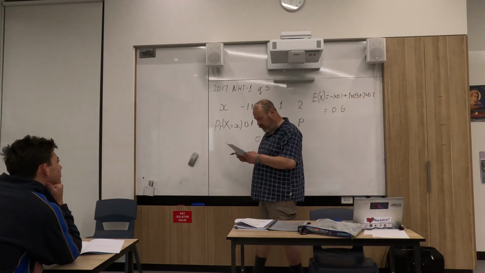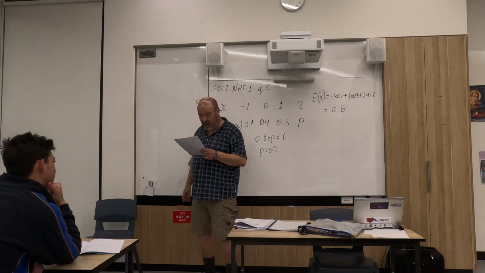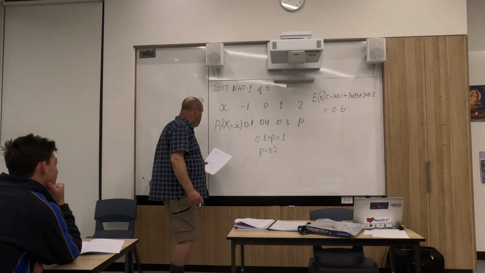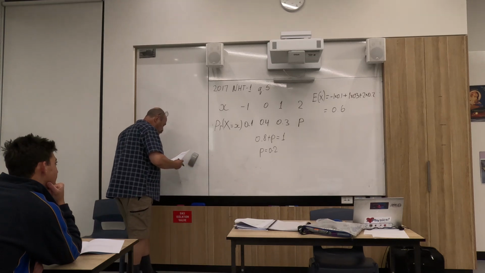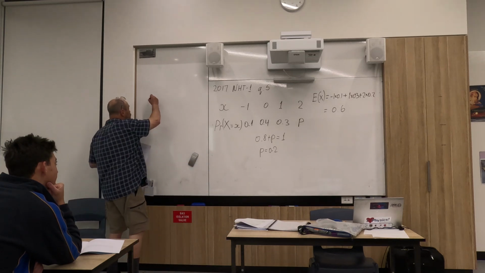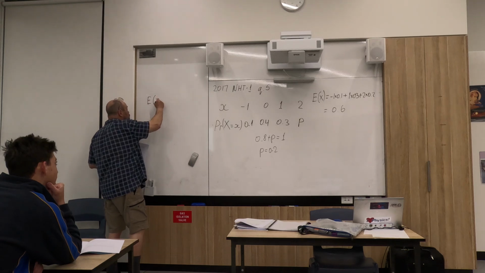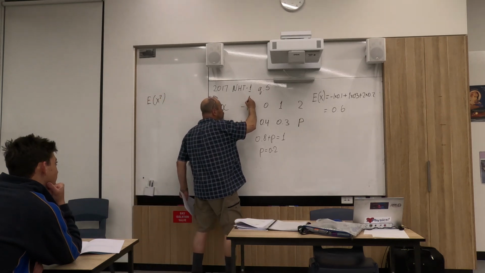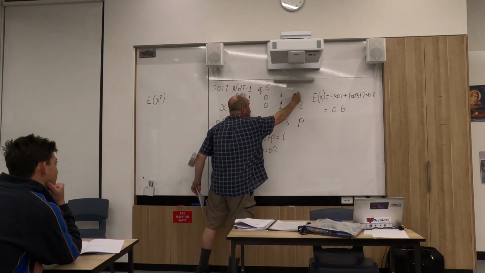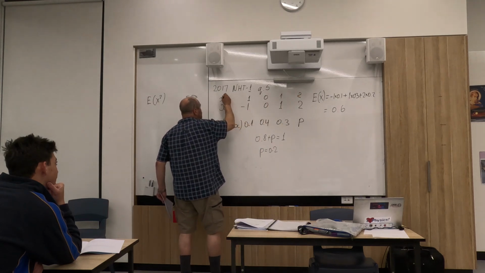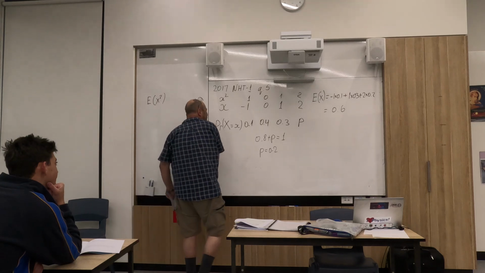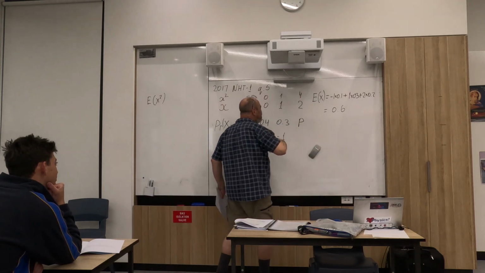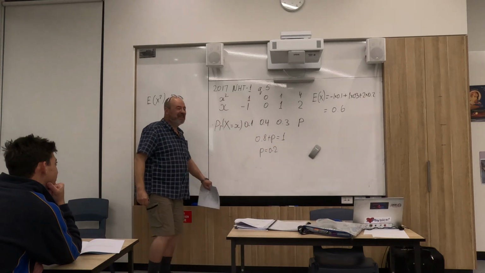So a very easy start. And again, find the variance. Still very easy, a continuous question. Again, we just need to find the expected value of X squared. To do that, we square our values of x. We get 1, 0, 1, 4. When it's a good pattern, you continue the pattern.